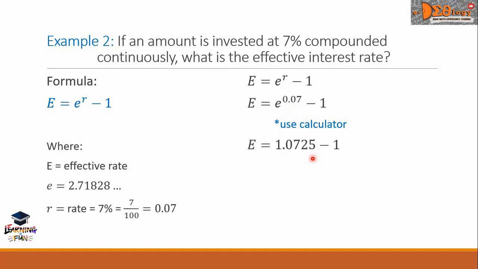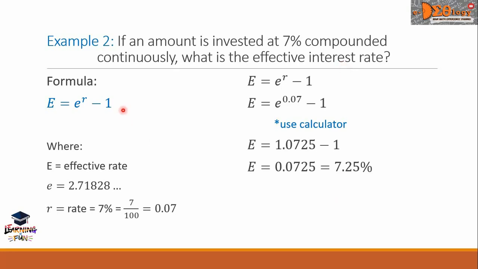We will subtract this decimal with that constant 1, and the answer is 0.0725. Let us convert this into percent. We will multiply by 100%, and the value will be 7.25%. This is our effective interest rate.